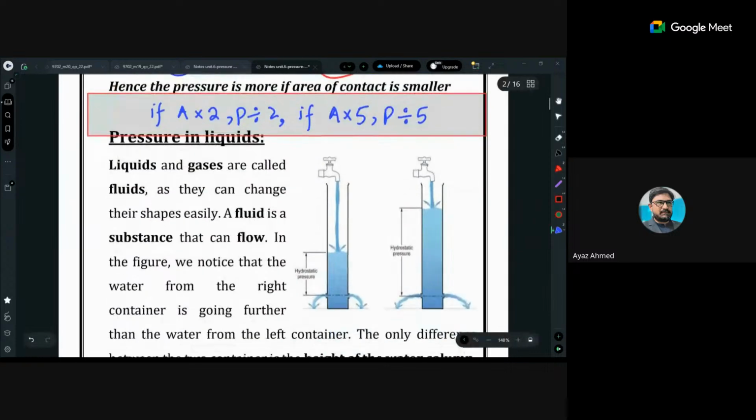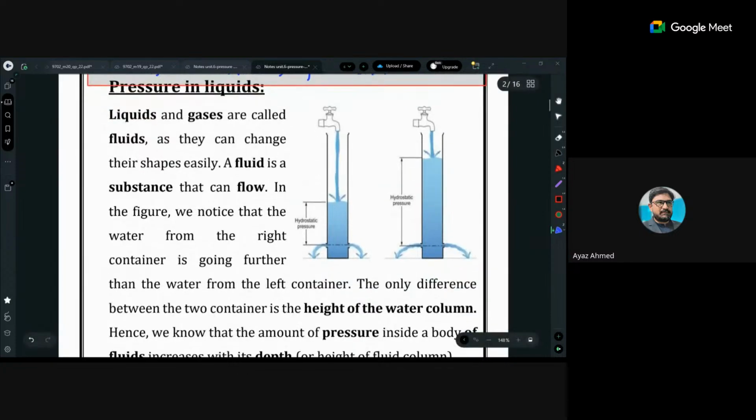Okay. Now, our second situation is pressure in liquids, right? What we have to talk about? Pressure in liquids. When we discuss how to handle the pressure with liquids, we mean that liquids have some pressure.